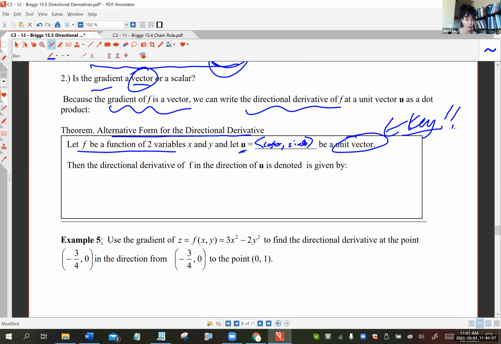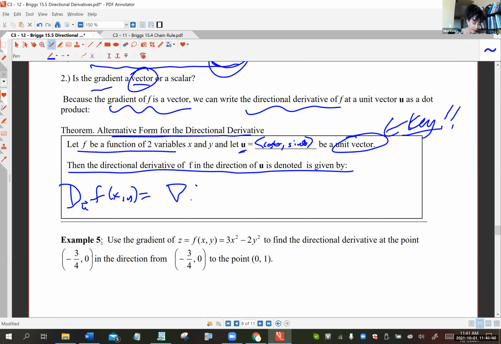No exceptions. The directional derivative of f in the direction of u is denoted D subscript u f of x, y, and is given by the gradient, del f of x, y, dot product with your direction vector.